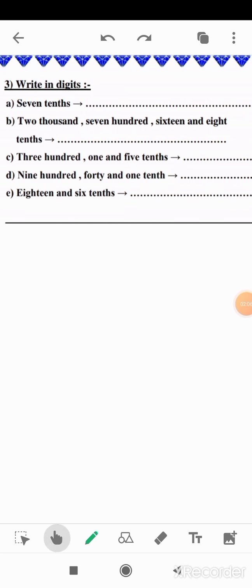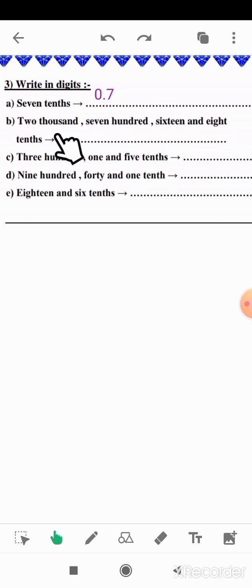In this example, he gave us the number in word form and wants us to write it in digits. We have here 7 tenths, so we write 0.7. Here 2,716 and 8 tenths.